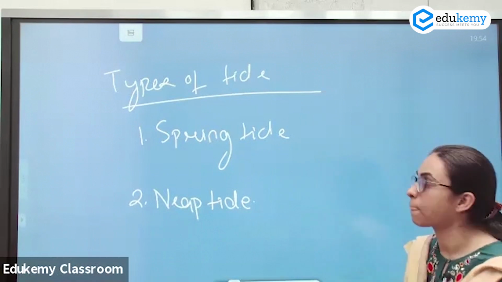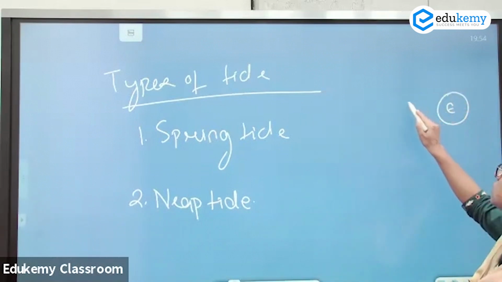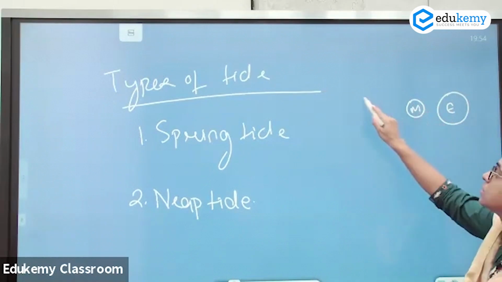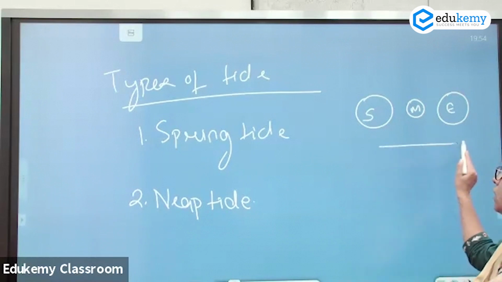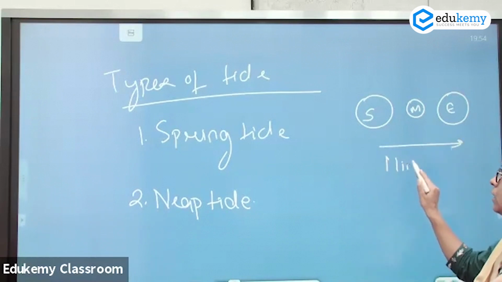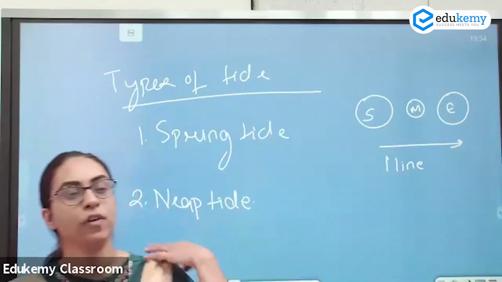If this is your earth, this is the moon, and this is the sun. Okay, so both they are in one line. ठीक है, एक लाइन में है. What do we call this? Do we call this as the full moon or do we call this as new moon?